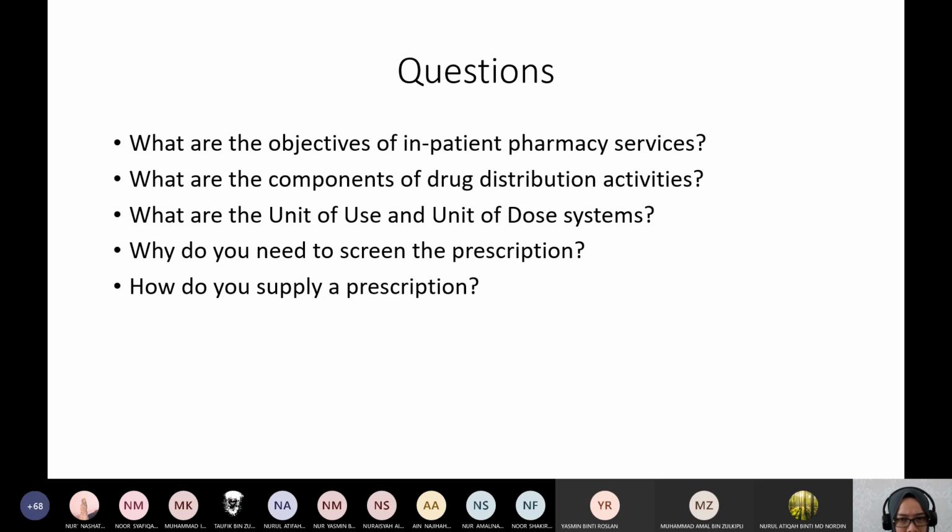So can someone just summarize what are the components of the drug distribution activities? Who are involved, and what are the unit of use and unit of dose? I think it's very easy, but I just need someone to answer, just to make sure people don't confuse. Sometimes it's confusing.